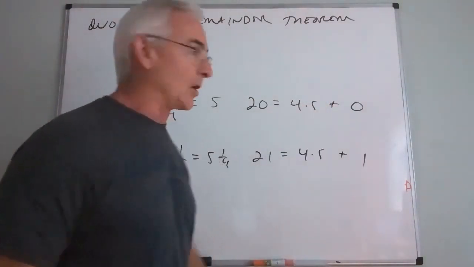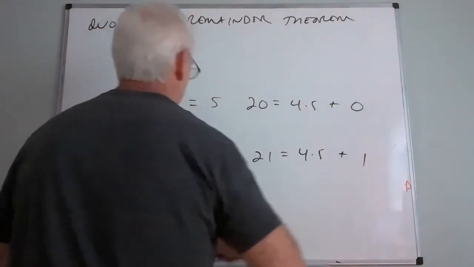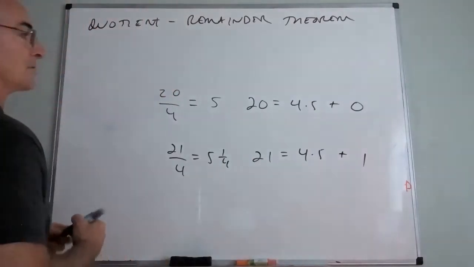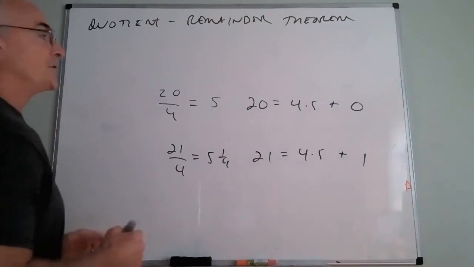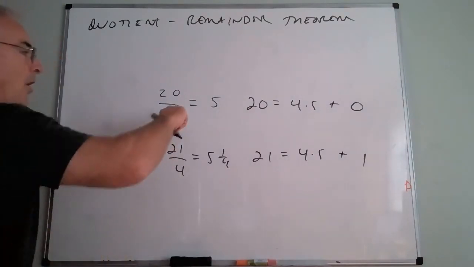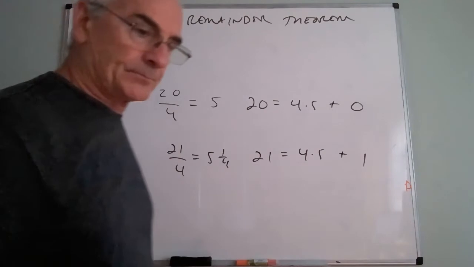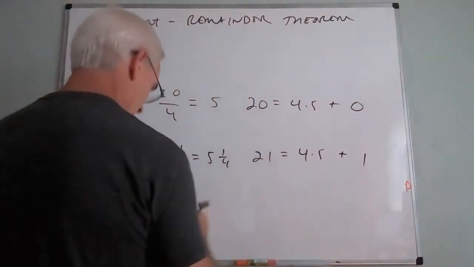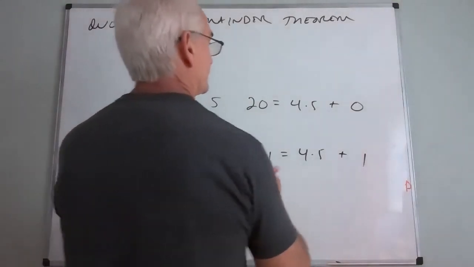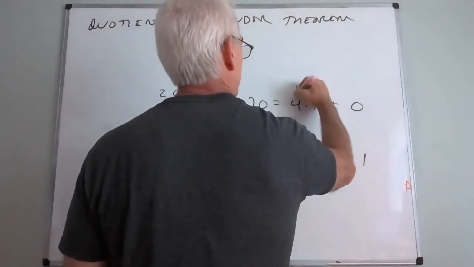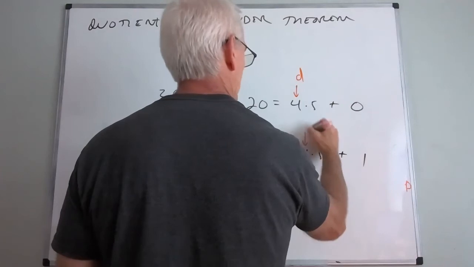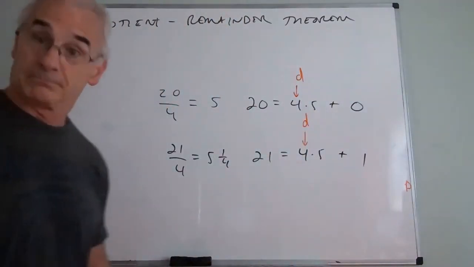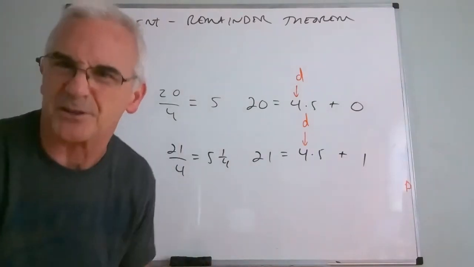Great. So the numbers that we're dealing with here: in general, if I wanted to do a quotient, we call this guy the D in both cases. That's my divisor, and it's also my denominator, it doesn't matter.